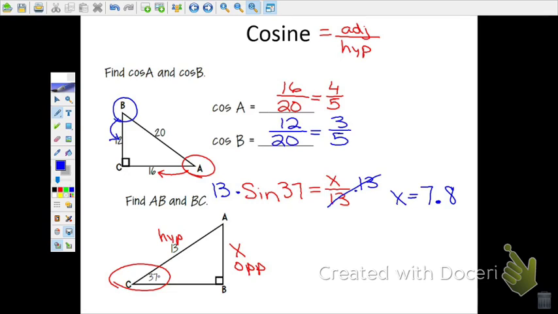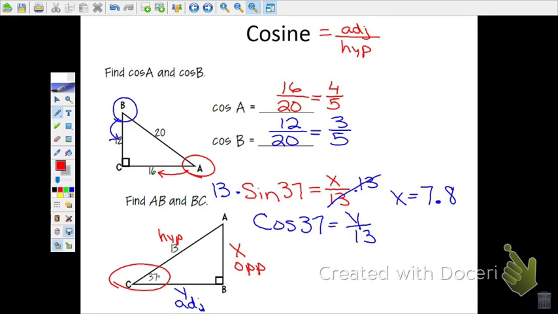Okay. We also need to find side BC, which would be the adjacent. So if we have adjacent and hypotenuse, we're using cosine. Cosine of 37 equals y over 13.